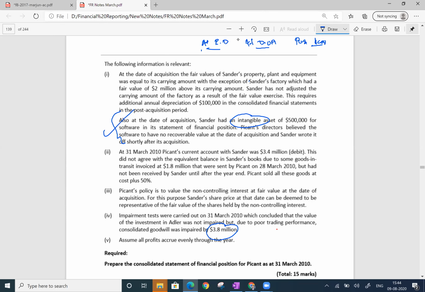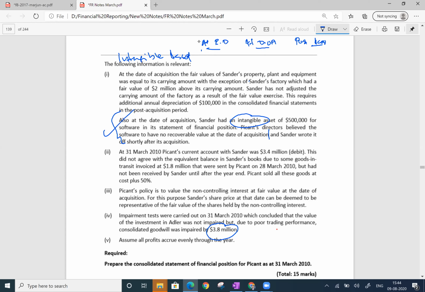So now what are they saying? At the date of acquisition, subsidiary had an intangible asset of 500,000 for software. P's directors believed the software had no recoverable value at the date of acquisition. Okay, full stop. If you are seeing such a question, what will you do? So I'm writing intangible asset software here.